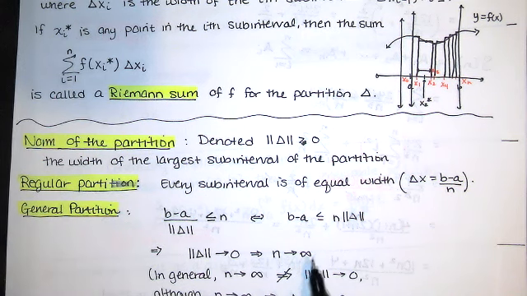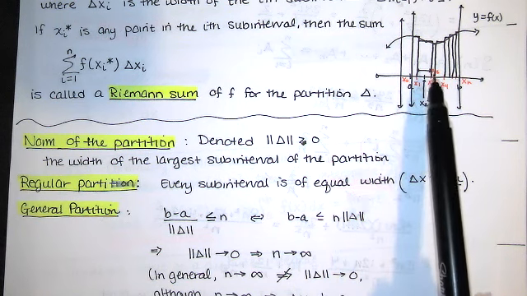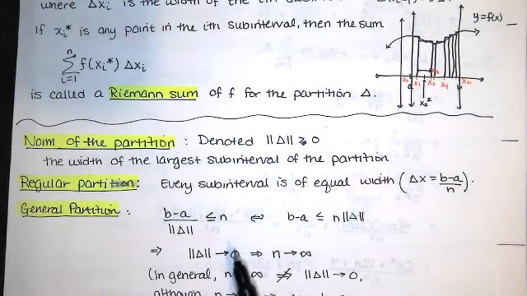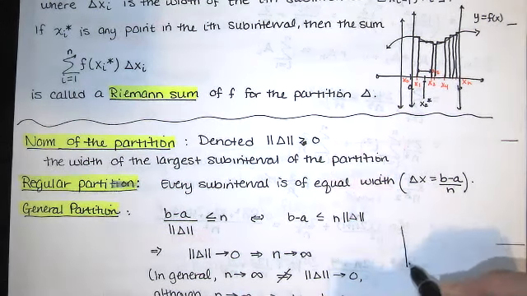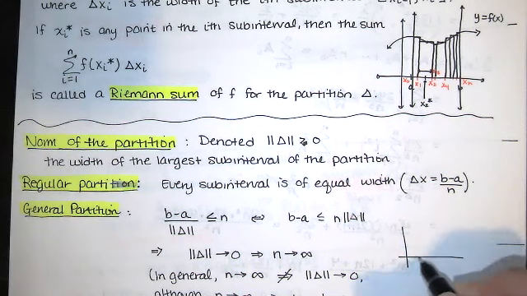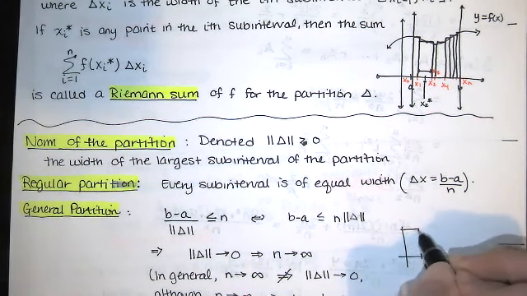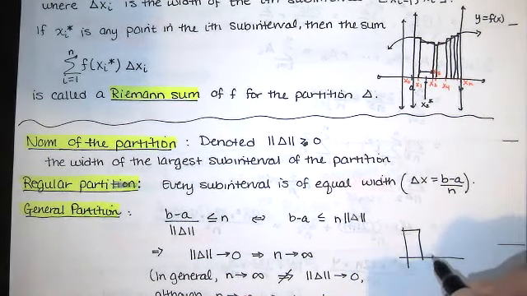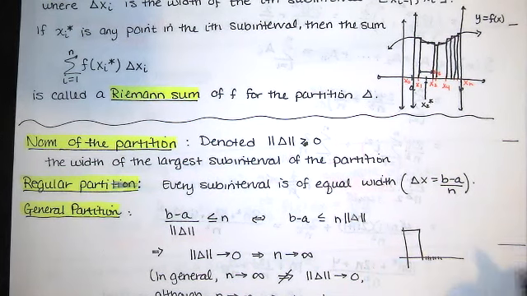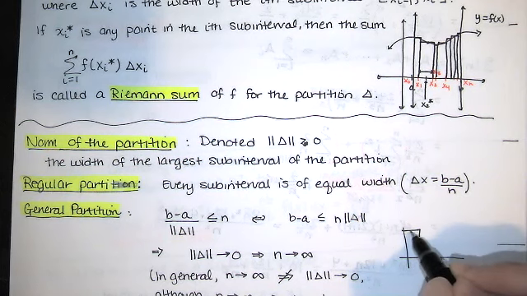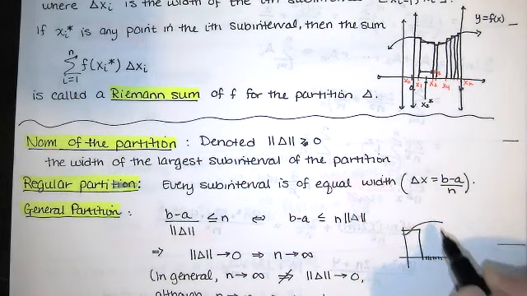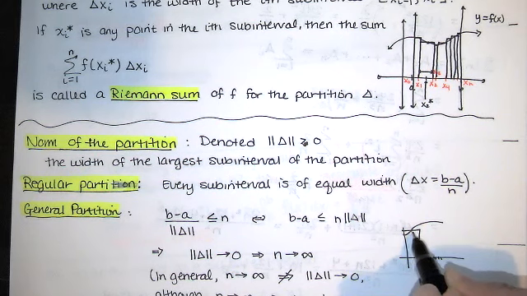Now, in general, letting n go to infinity does not necessarily imply that the width of the subintervals approaches 0. Maybe I've got infinitely many subintervals, but maybe there's one at the beginning, and I've got this big area here, and then I've got infinitely many over here. Well, if I'm approximating area under the curve with something like this, I'm always going to be a little bit wrong because of that first subinterval that didn't go to 0.